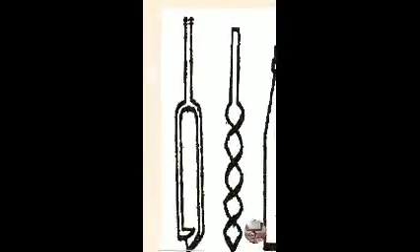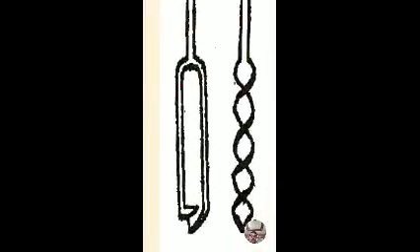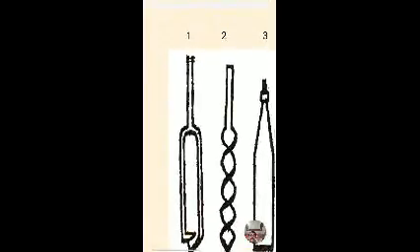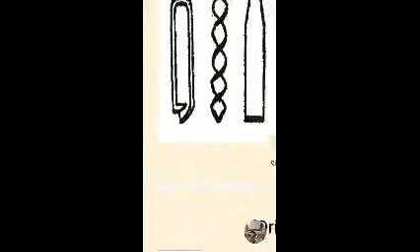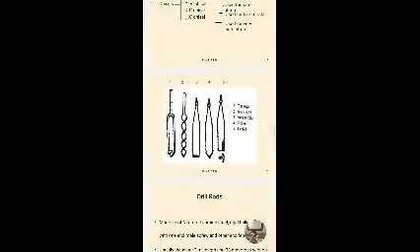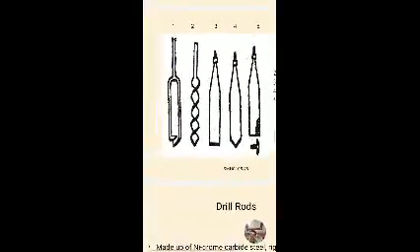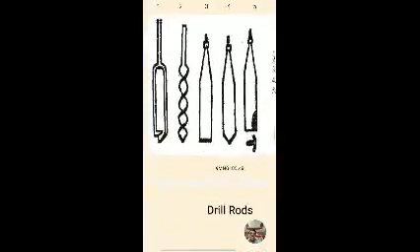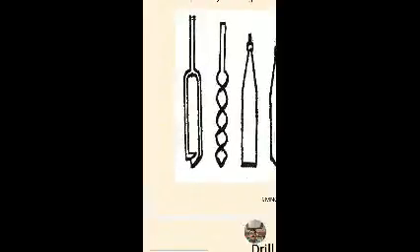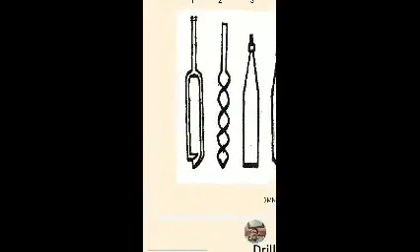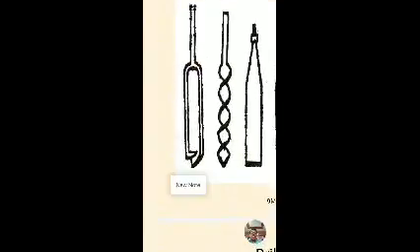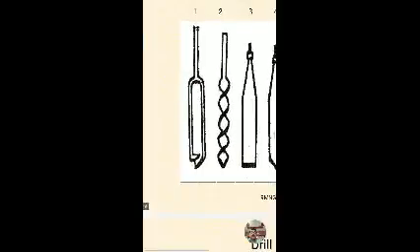These two are augers. This one is the clay auger. This is the worm auger. Augers are used whenever clay needs to be extracted, or drill holes need to be formed in clay or soft ground.